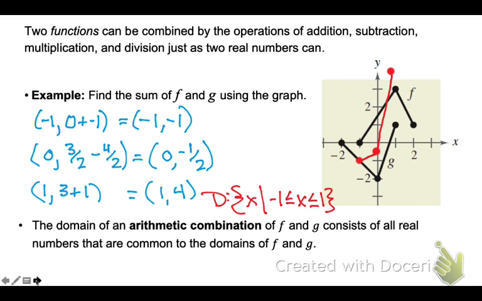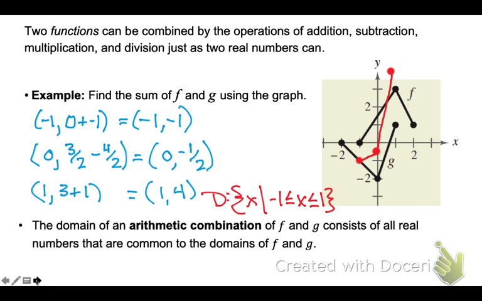In division, I would just divide them. I think you have a problem that has A, B, C, D, whatever, and it gives you one graph, and it says add them, subtract them, multiply them, divide them. You're going to do the same thing with your y's: add your y's, subtract your y's, divide your y's.